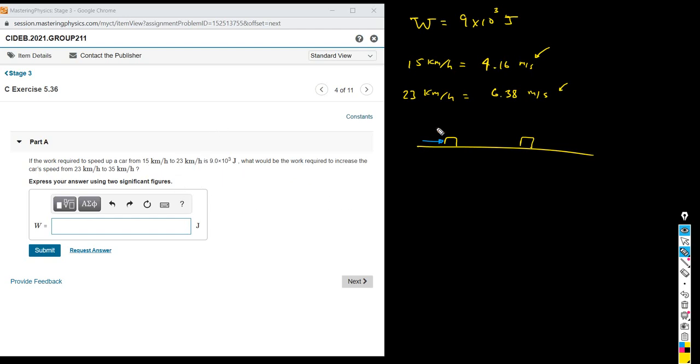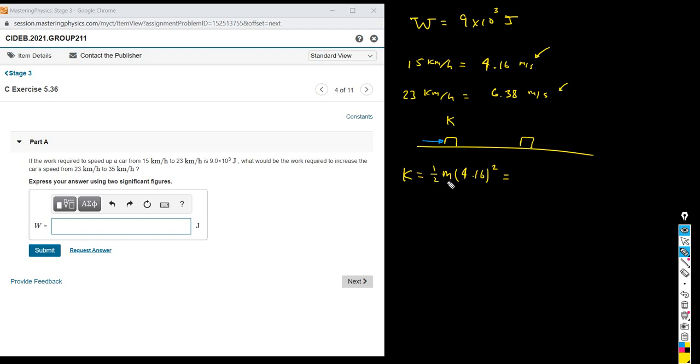Now let's calculate the kinetic energy that the car has at this point, guys. At this point, it would be 1/2 times its mass, which we don't have. Can you see? We don't have that mass. And we do have its velocity, which is 4.16 squared. So let's calculate all of this.